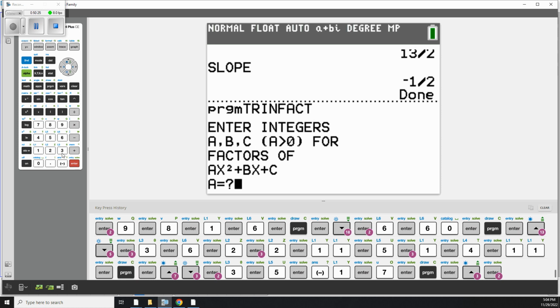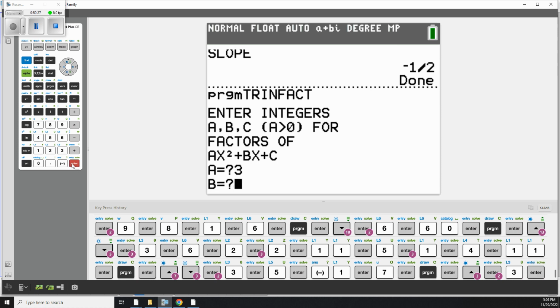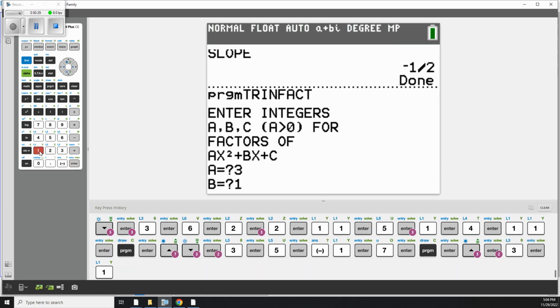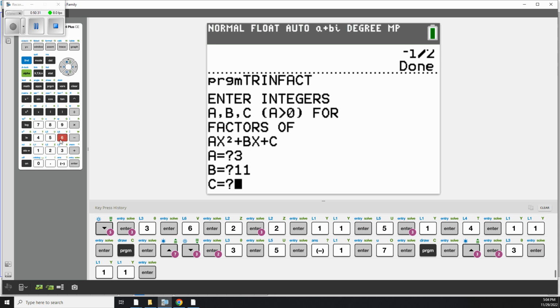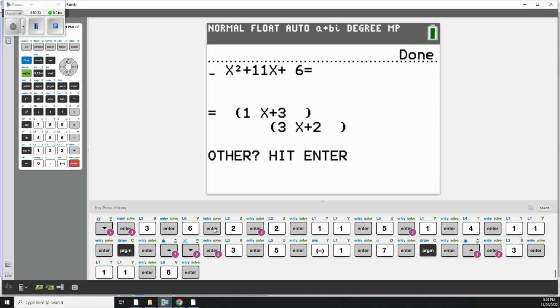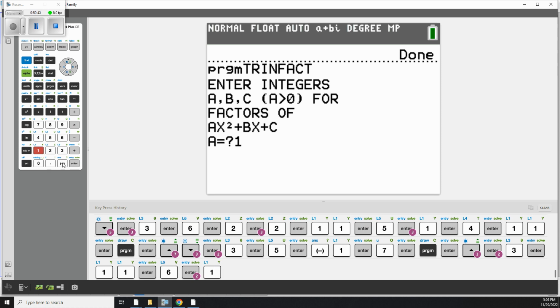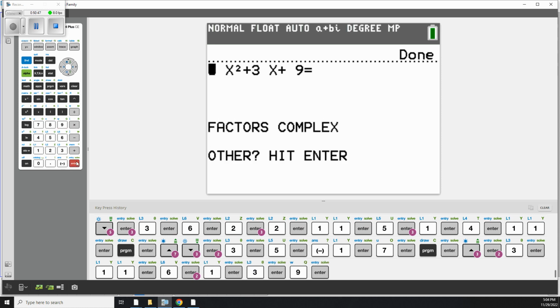So say you have 3x squared plus 11x plus 6, it double bubbles for you. X plus 3 times 3x plus 2. If it can't be factored, like the one y'all gave me a minute ago, it'll tell you I can't do it. Factors are complex.